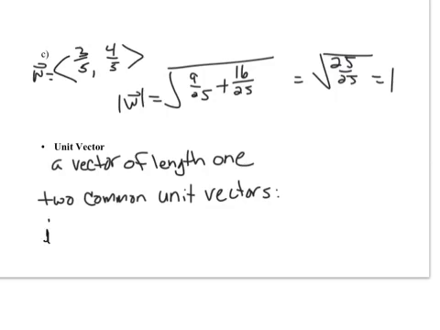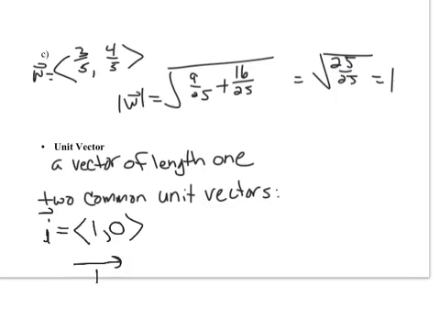Now, vector i, in a textbook, would be bolded. Since it's not bolded, I put my little hat on it so you don't confuse it with the imaginary number i. This is completely different. Vector i has components of 1 and 0, so it points entirely in the x direction with a unit of 1.